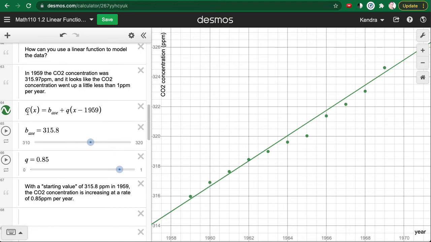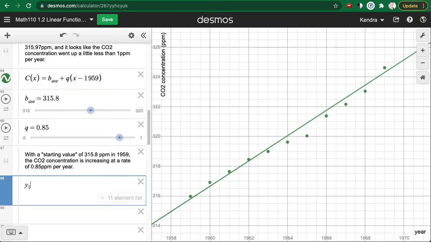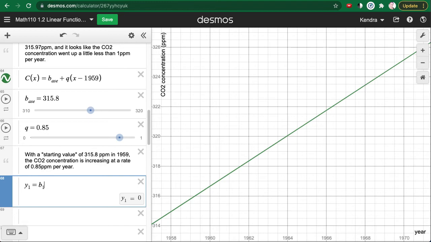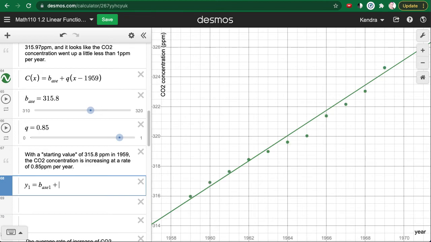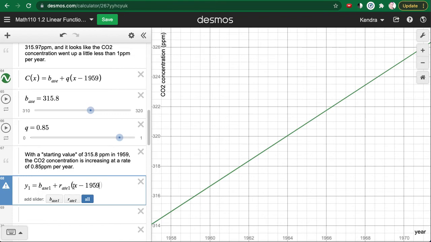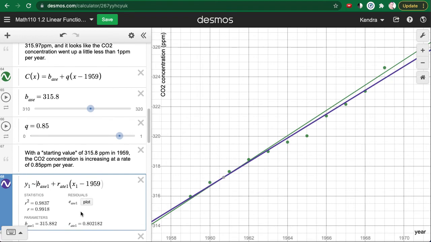So I'm going to say my Y1 should equal some base 1 plus some rate 1 times x minus 1959, and my x is x1, and I'm going to put a tilde here.